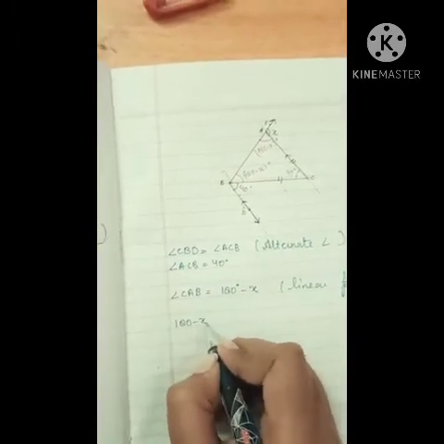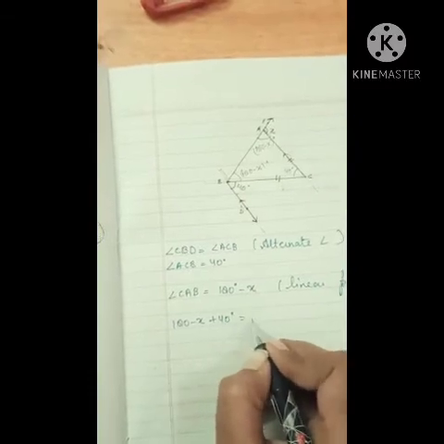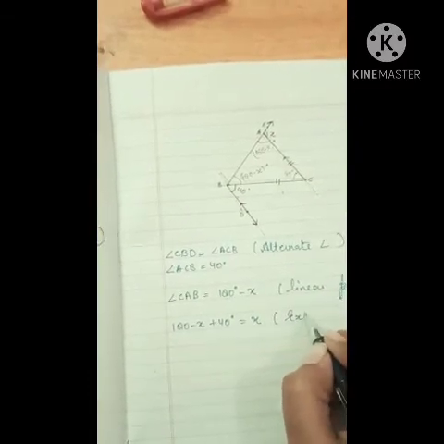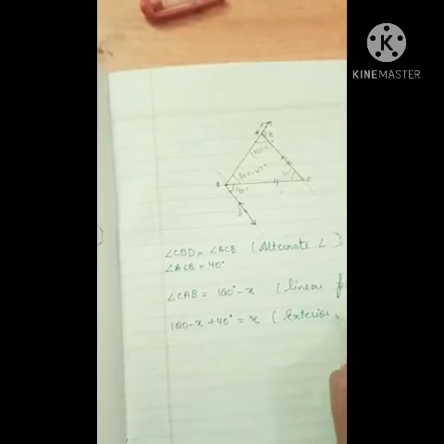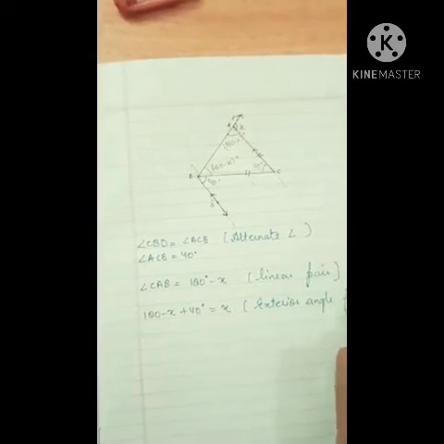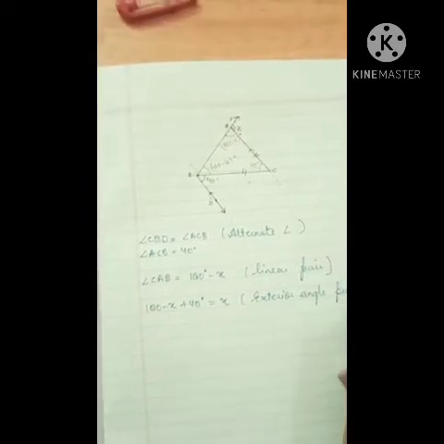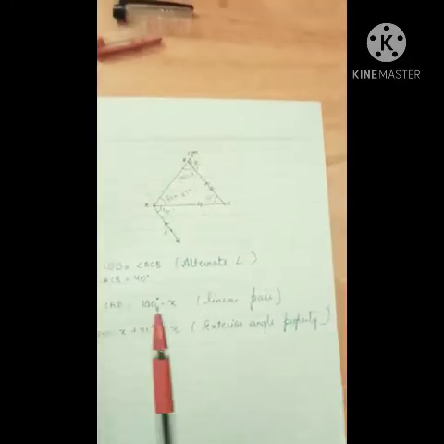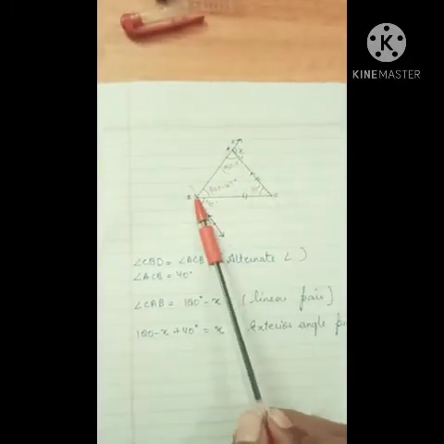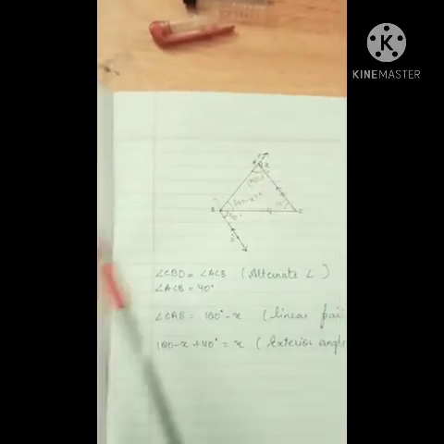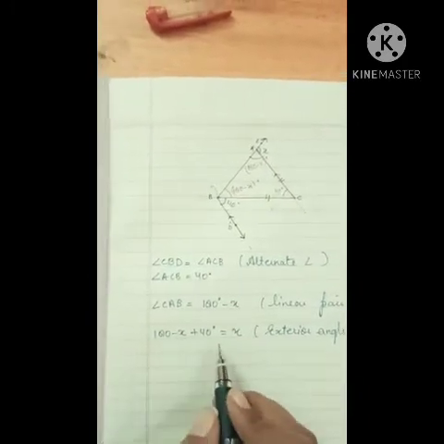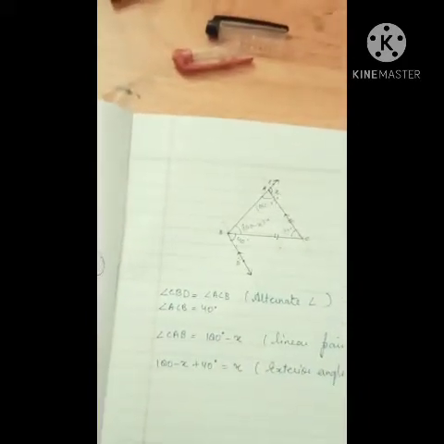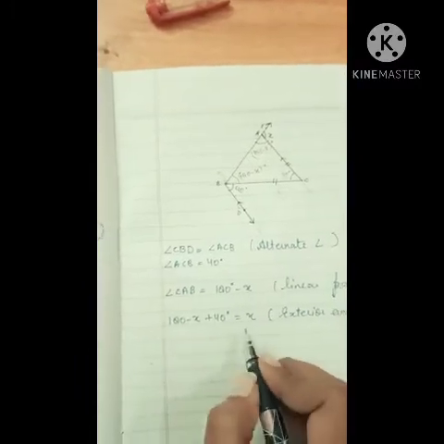180 minus x plus 40 degree is equal to x. Exterior angle property. We are using these two angles because this is the exterior angle. So now again group the numbers one side.